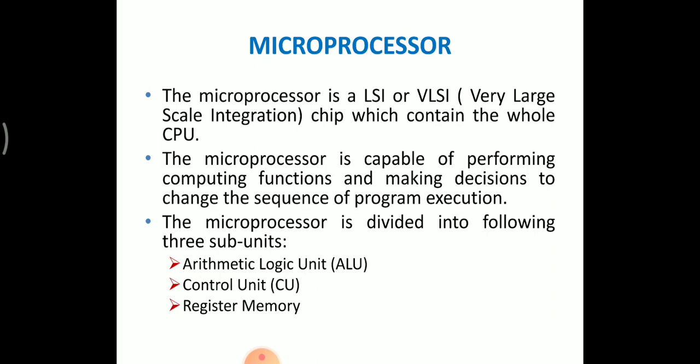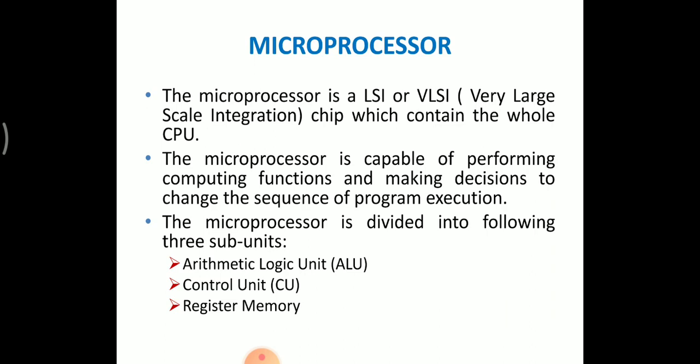The microprocessor is a LSI, large scale integration, or VLSI, very large scale integration chip, which contains the whole CPU. Microprocessor was developed in the fourth generation of computer, and mostly microprocessors are developed by Intel company.